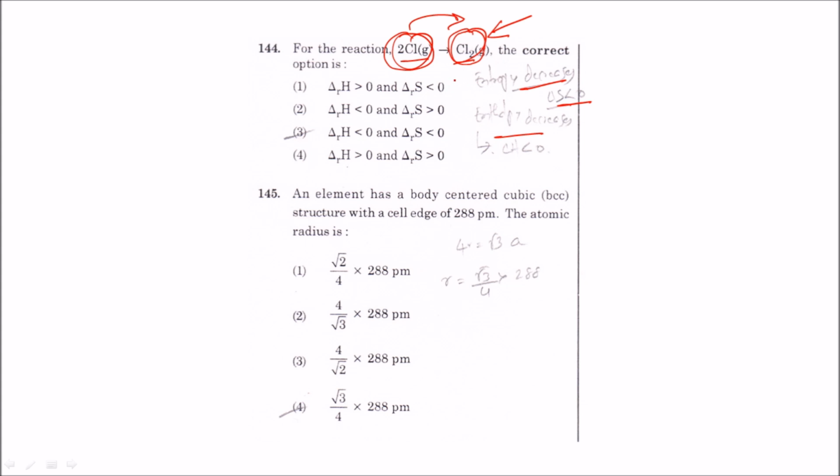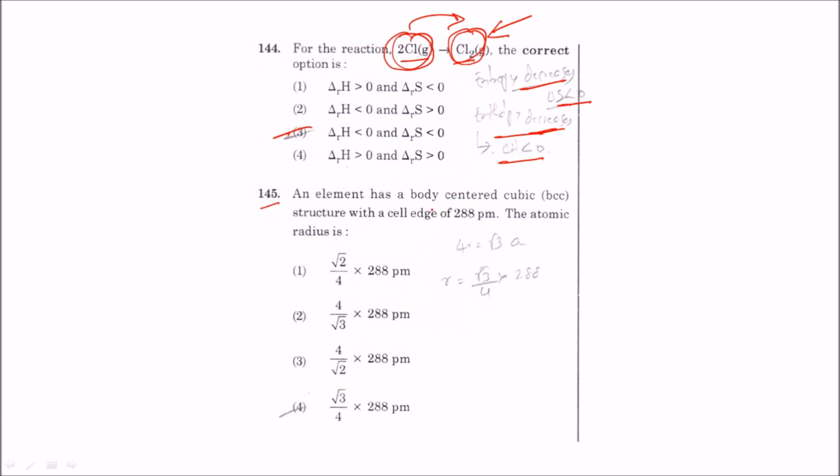So from reactant to product, enthalpy is decreasing like entropy. If enthalpy decreases, delta H is negative, an exothermic reaction, so delta H is less than 0. The right option for this question is the third option, delta H less than 0 and delta S also less than 0. Okay, let's go to the next question.